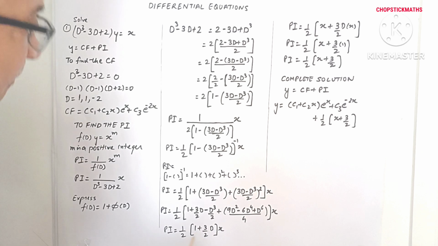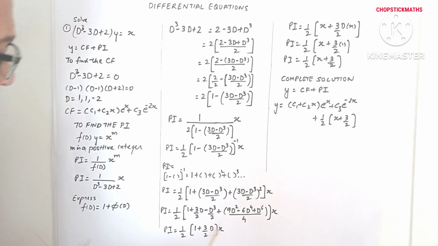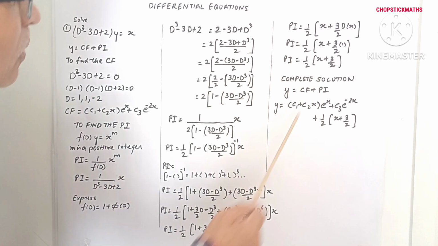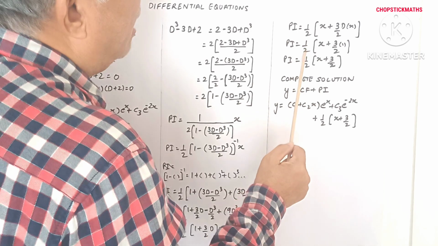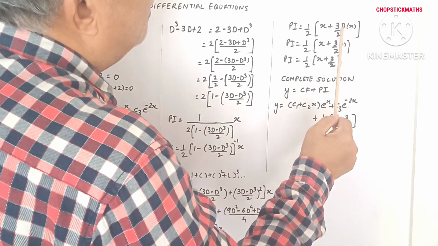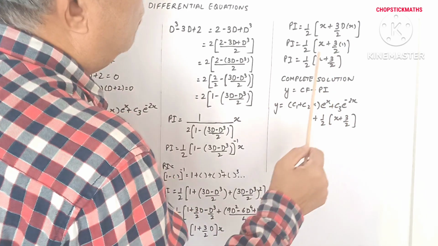So now we can open up the bracket. This would be PI is equal to 1 upon 2 into (x plus 3 by 2 D into x). So this PI would be 1 upon 2 into (x plus 3 by 2 D of x), and the first order derivative of x is 1. So this would be x plus 3 by 2 into 1.